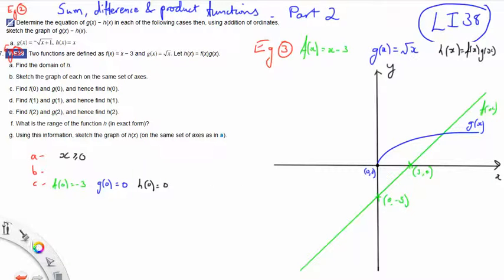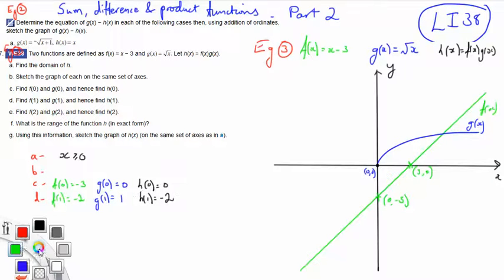Let's keep going. Part D, we want f of 1, g of 1, and hence h of 1. Well, f of 1 is minus 2. g of 1 is the square root of 1, which is 1. And h of 1 is their product, which is minus 2. Let's keep chugging along.